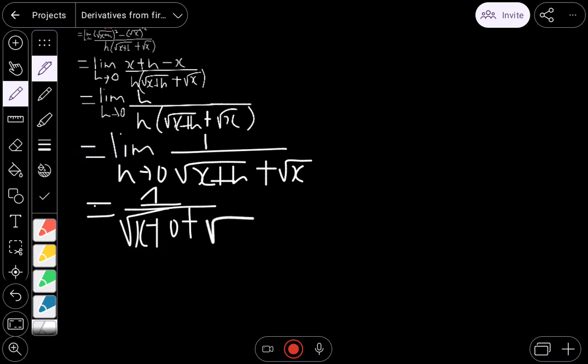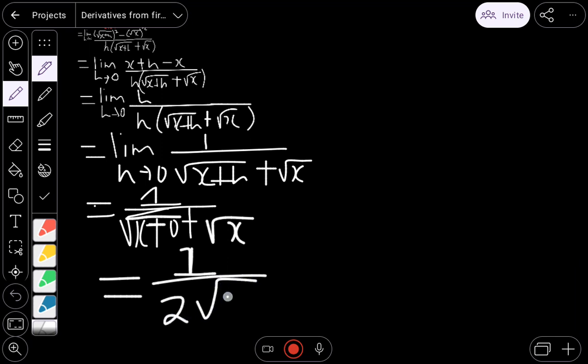So it's 1 divided by the square root of x plus 0 plus the square root of x. So basically you'll get 1 over 2 square root of x, and that's the derivative of root x.